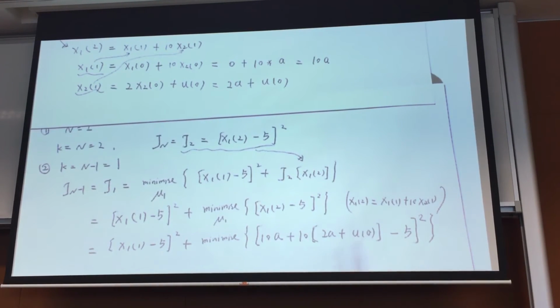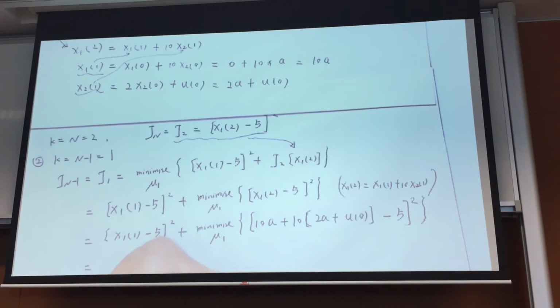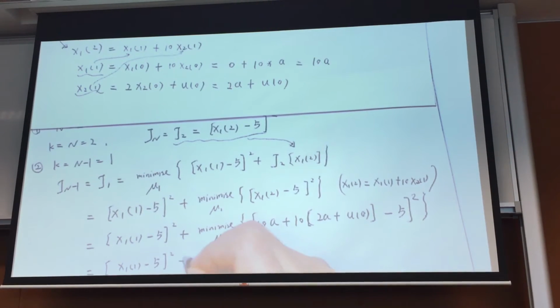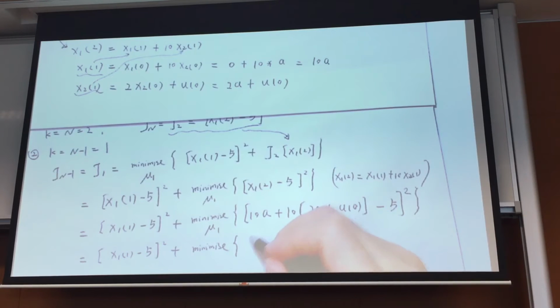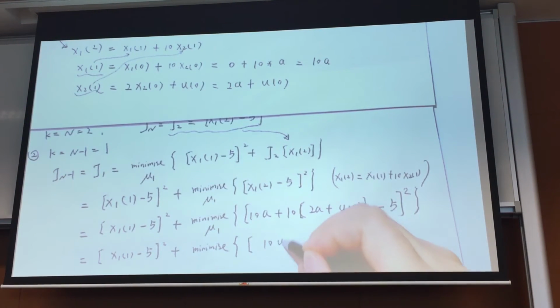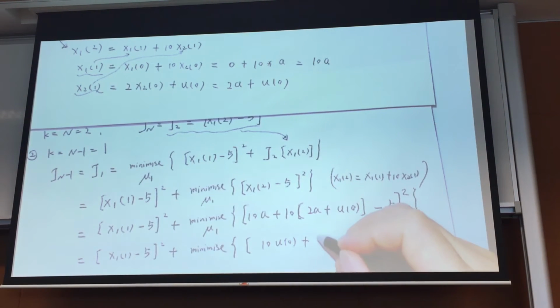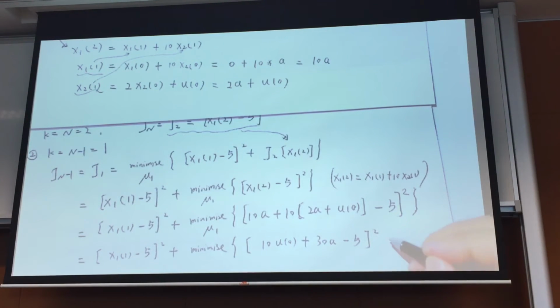So we try to optimize this function in terms of u1. So this can be rearranged to be (u0 plus 30a minus 5)^2.